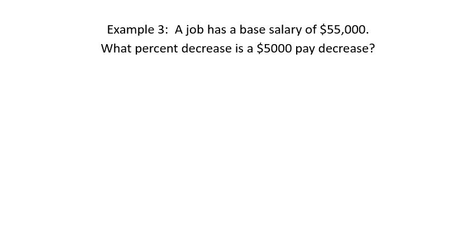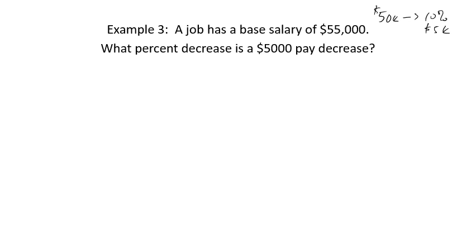Now, for the third example, we're going to take a job that has a base salary of $55,000 and we want to find what the percent decrease is on a $5,000 pay decrease. I'm bringing this up because we saw in the previous example that the 10% increase was 5,000.